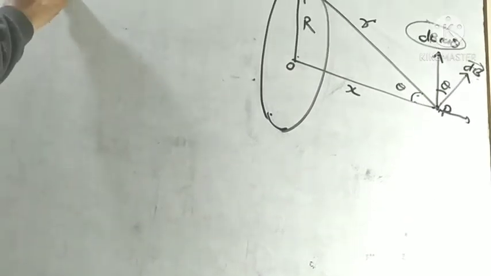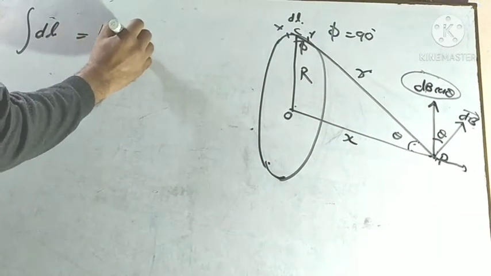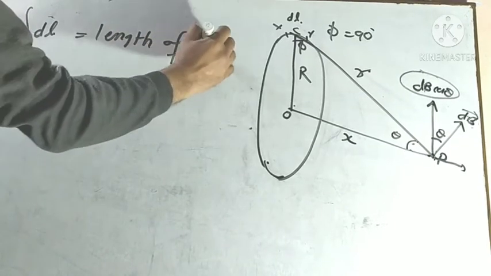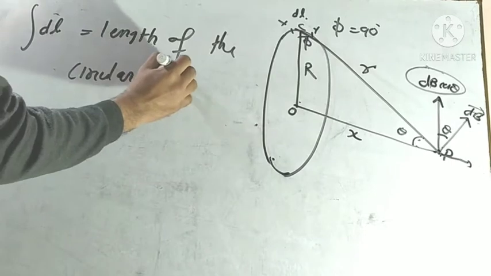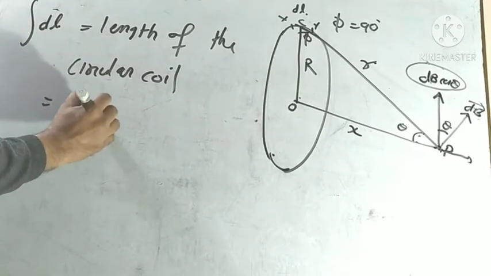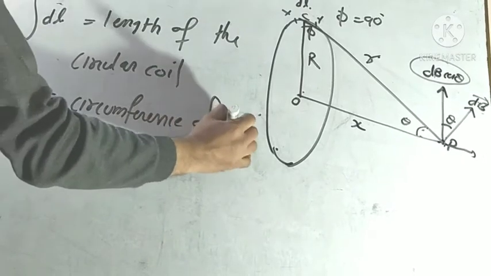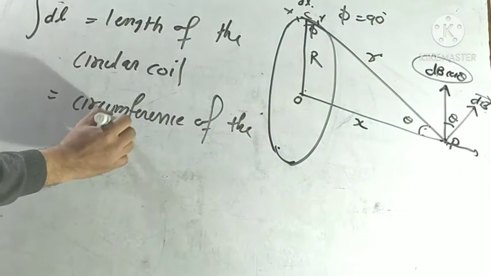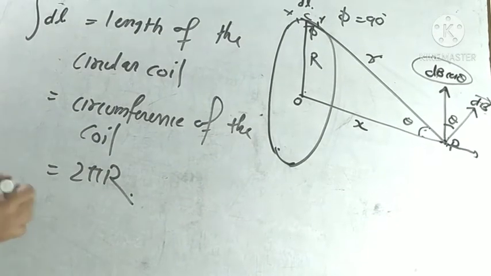The integral of dl is the length of the circular coil, that is, the circumference of the coil, 2 pi r. So we put the final value here.